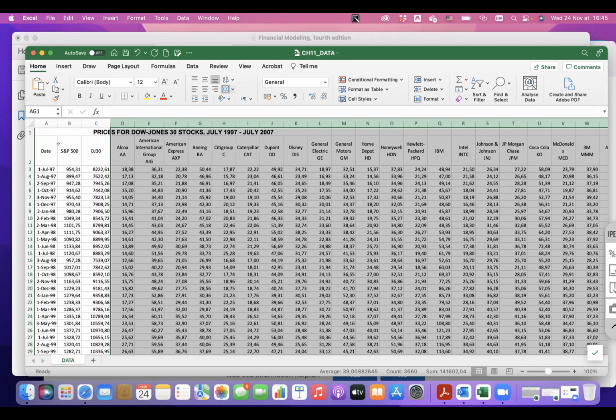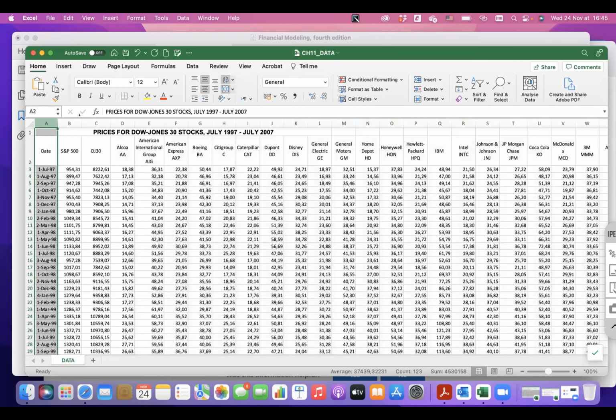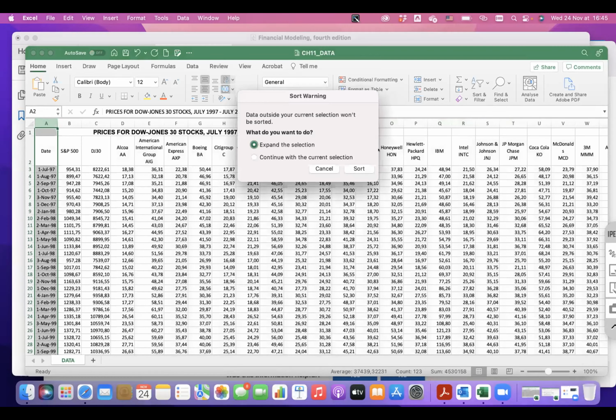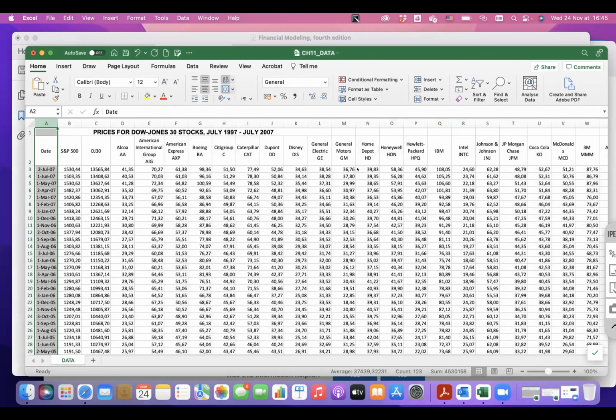If you want to switch them, you just have to select the date column, then sort and filter from newest to oldest. Then you have to expand the selection and click on sort. And that's it. Or we can leave them as they are given to you. It's up to you.